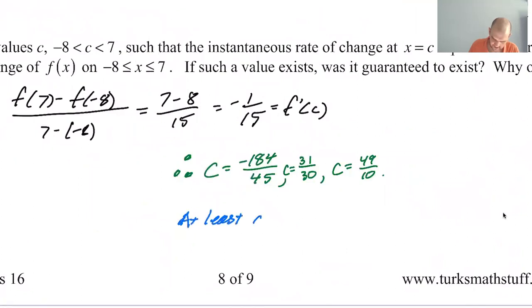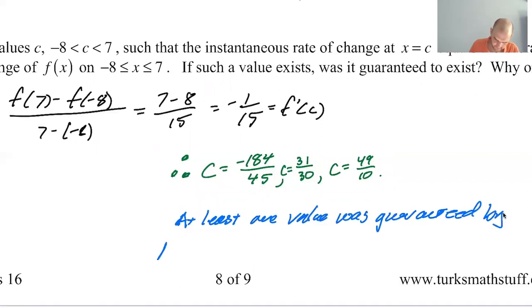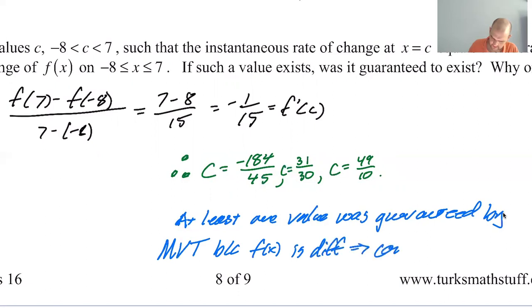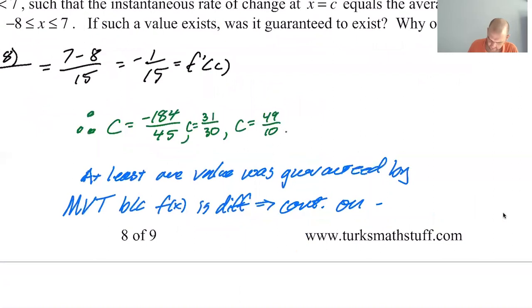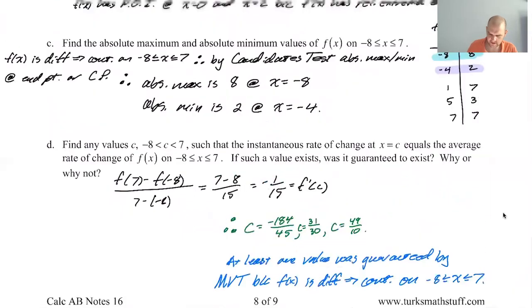At least one value was guaranteed by the mean value theorem, because f of x is differentiable and therefore continuous on negative 8 to 7. Whew, okay.